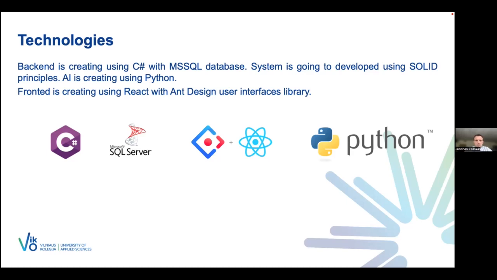The front-end team works with React.js. It is a free and open source front-end JavaScript library. With React.js we use a design framework, which helps to create some components implemented in our system. And finally, we use the Python programming language to create the artificial intelligence part.